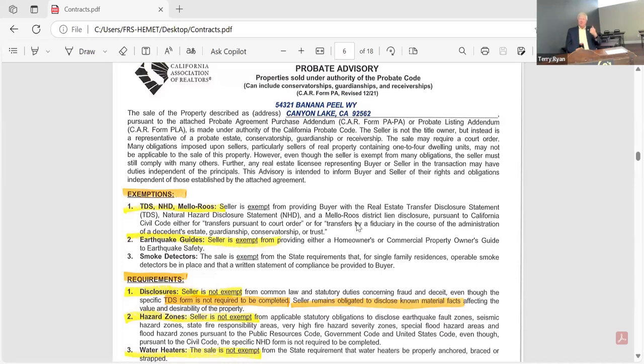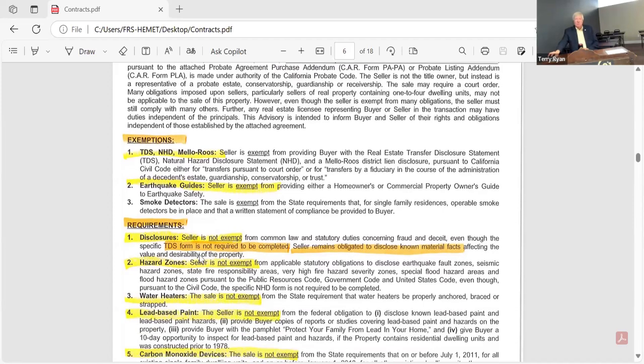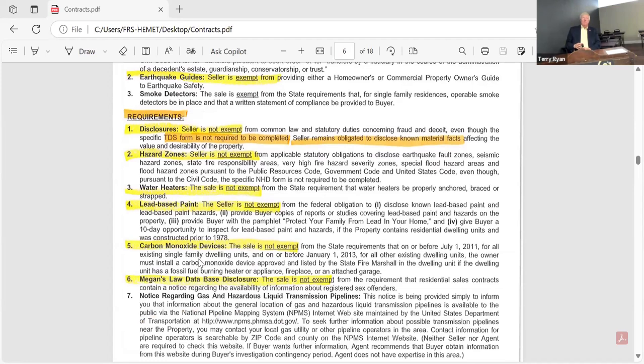Now, let me take a step further on that, and that is if you're getting a loan, a lender can still require smoke detectors to be in place. So that can be a lender requirement, but it's not a probate requirement. All right, so here it says the ones that you're not exempt from.